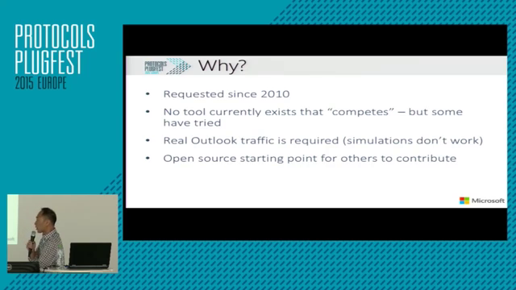And so we've heard a lot of requests about that, and there's nothing on the market today that actually does the same thing. So at Microsoft we think it is a good idea to build a tool that allows people to do that, to simulate automation for it, right?